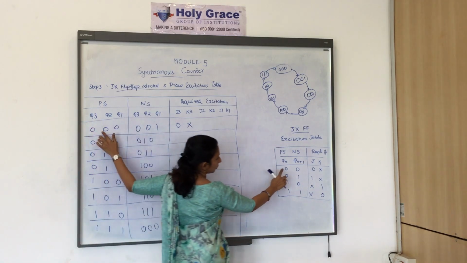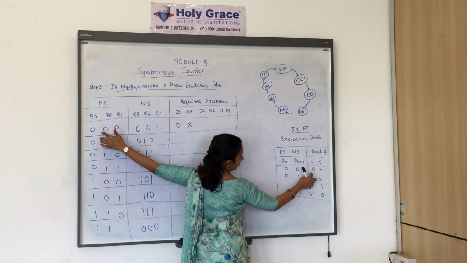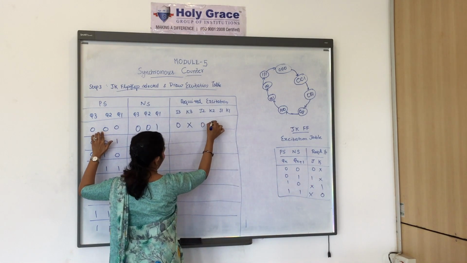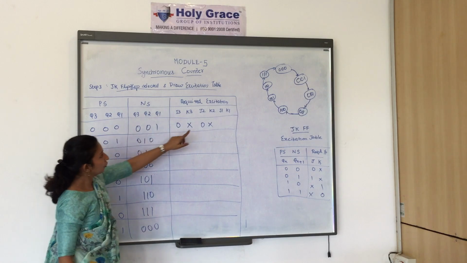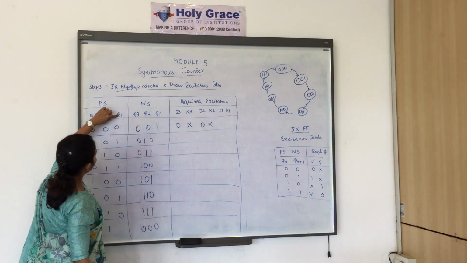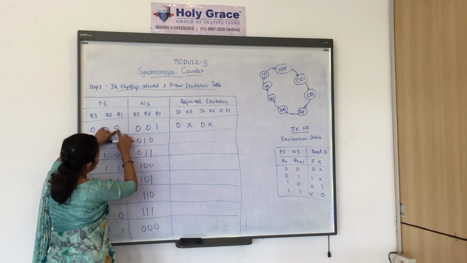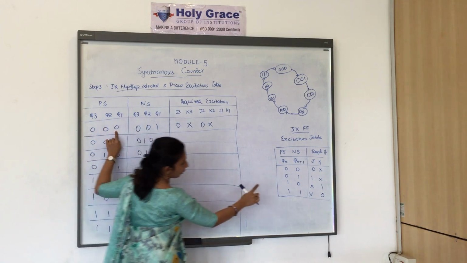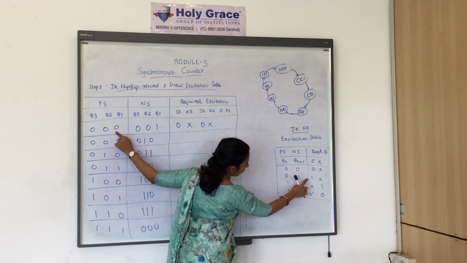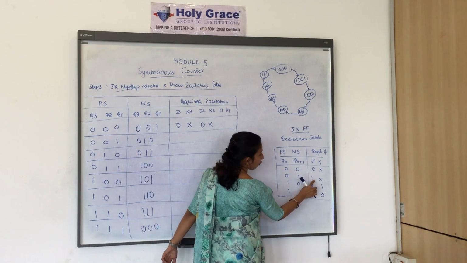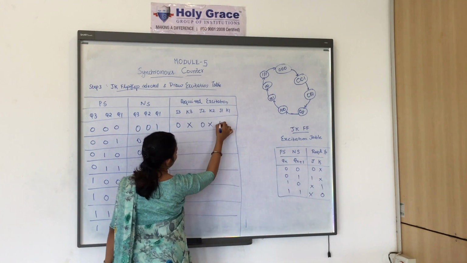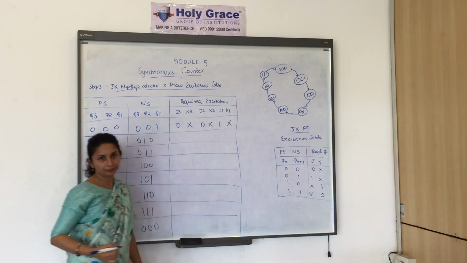So again 0, 0, the excitation is 0, don't care. Now for J1, K1, Q1 is the present state and Q1 next state is 1. So 0, 1. When we look for 0, 1, the corresponding excitation is 1, don't care. So I will fill 1, don't care.